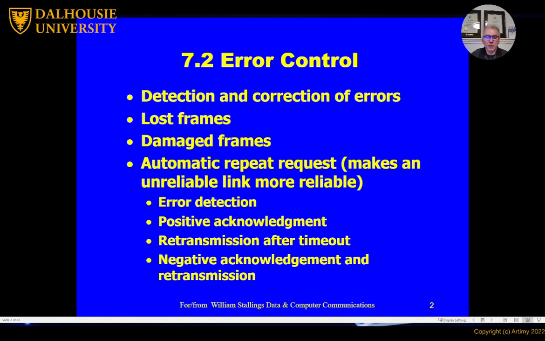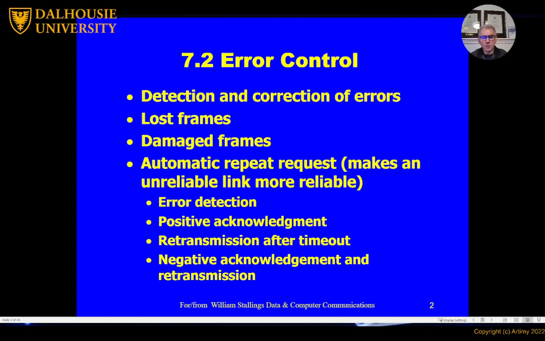This mechanism can be useful, but it has the disadvantage that if the propagation time is long compared to the frame transmission time, then a lot of bandwidth is wasted waiting for the acknowledgement to come back.